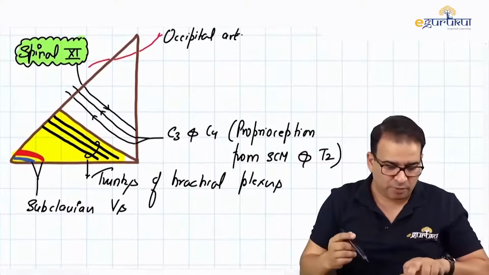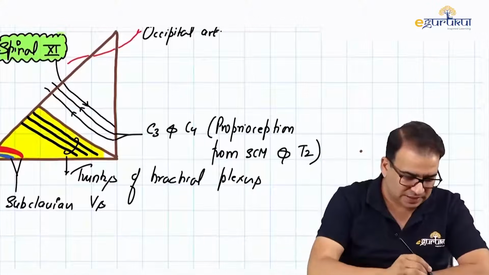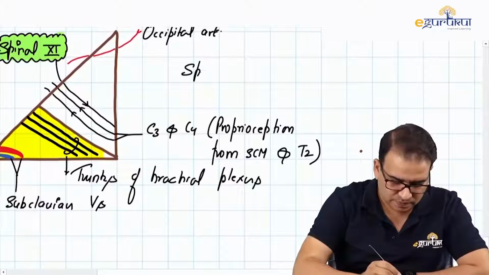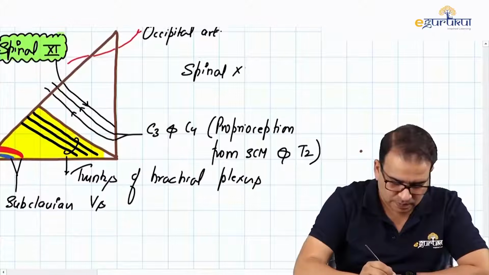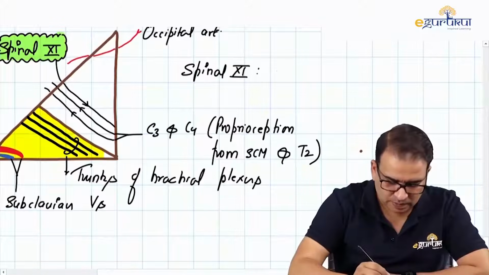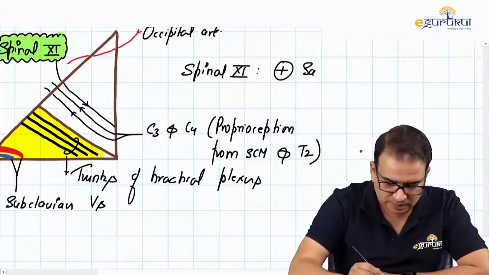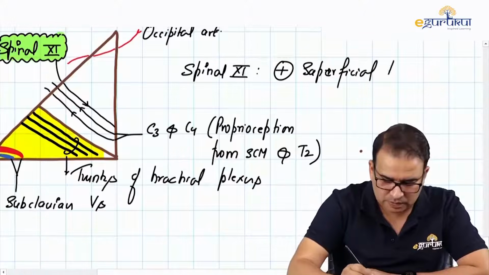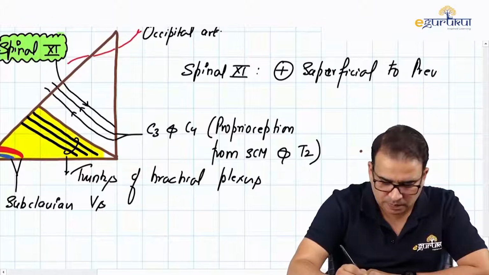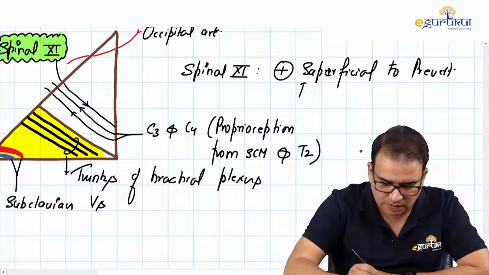That's a very, very important point to note, that the spinal accessory nerve is present superficial to the prevertebral fascia.